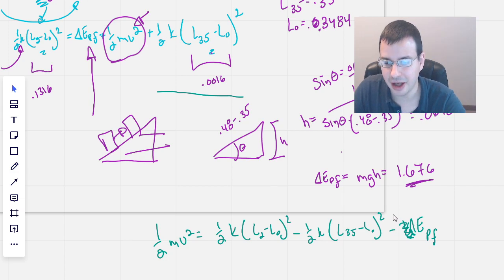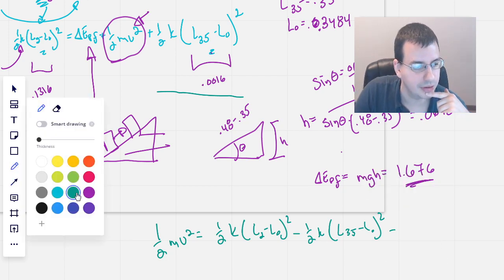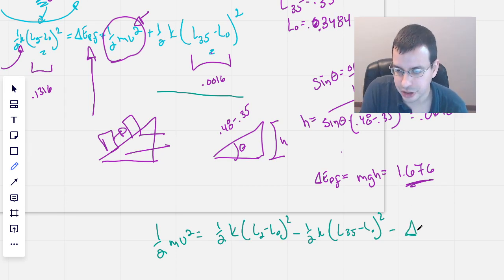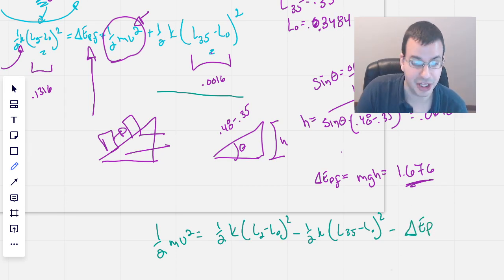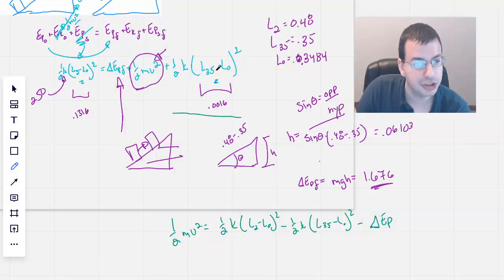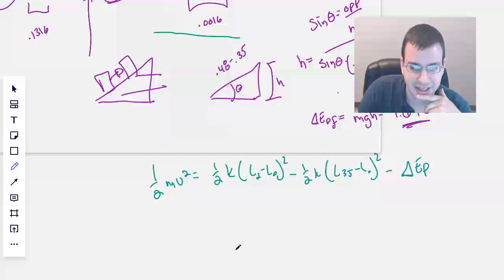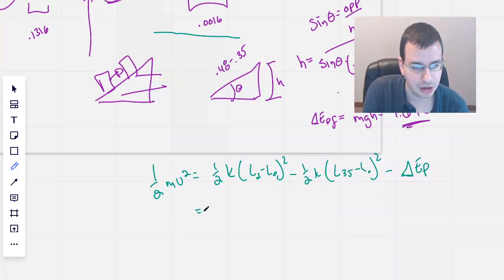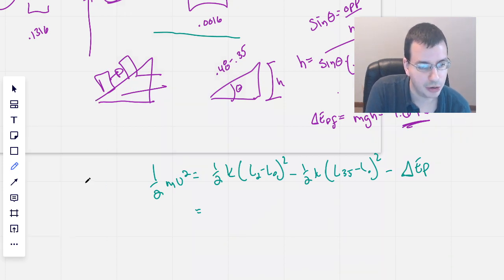That's so messy. I'll just say change in potential energy, delta energy potential. That's due to gravity. 4 terms, 3 on that side, 1 on that side. Yes. Okay, now we'll start calculating these out.